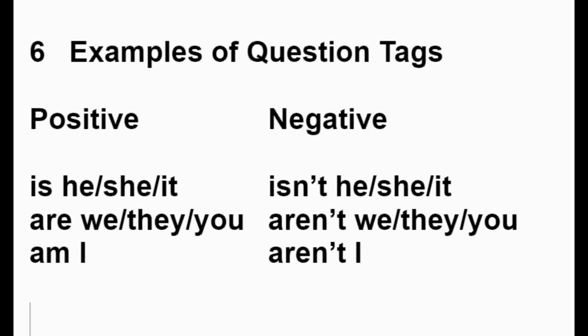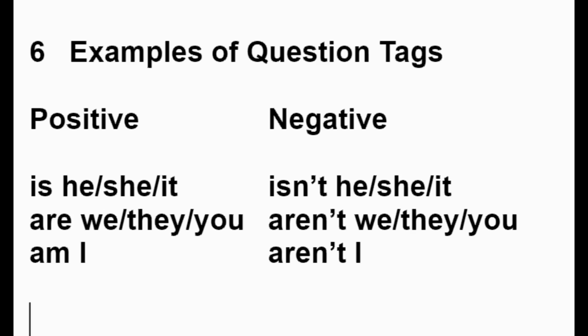Examples of question tags: positive, negative. Is he, is she, is it? Isn't he, isn't she, isn't it? Are we, are they, are you? Aren't we, aren't they, aren't you?